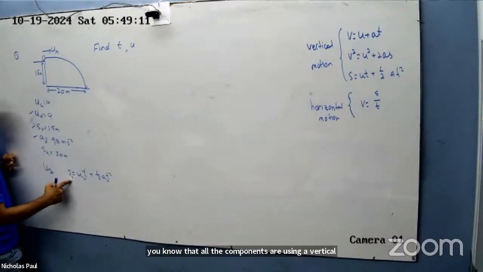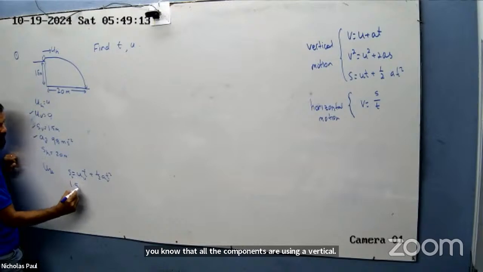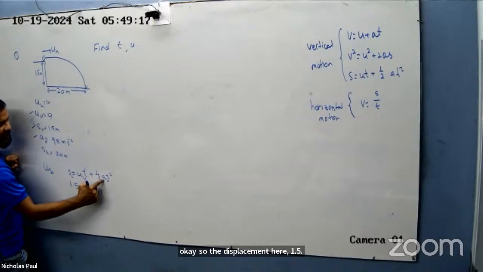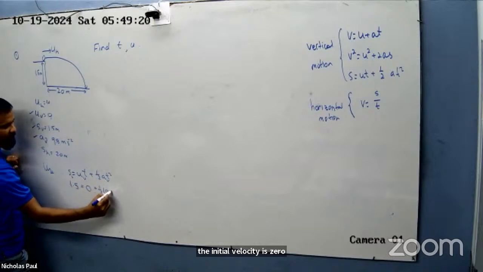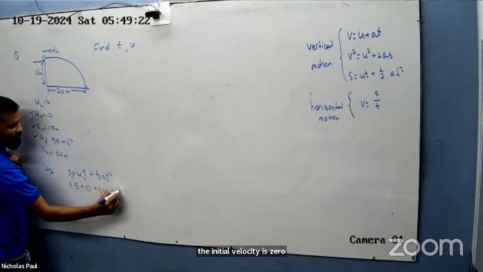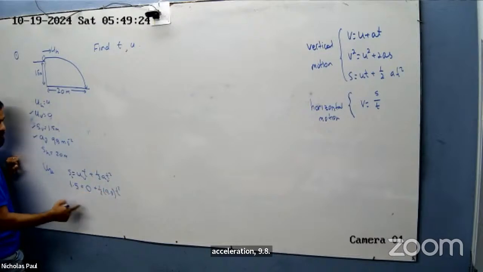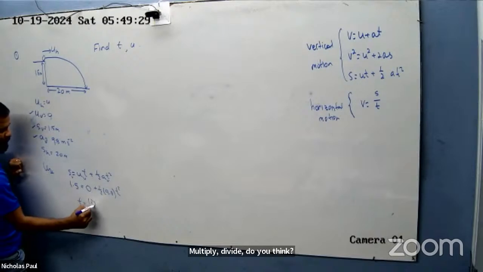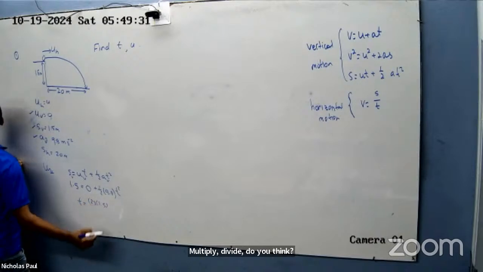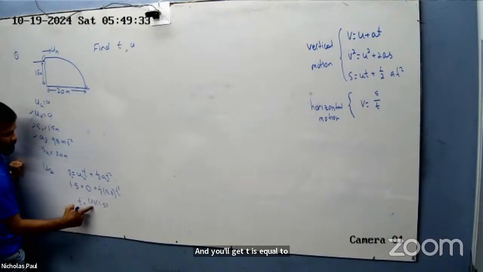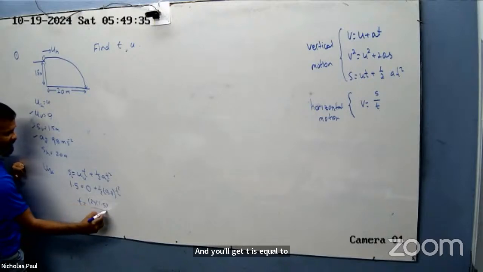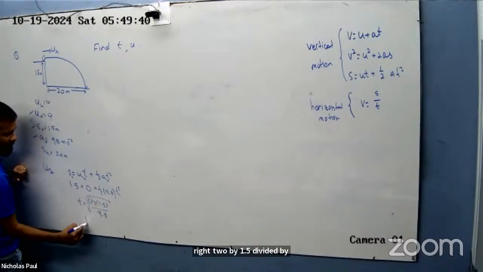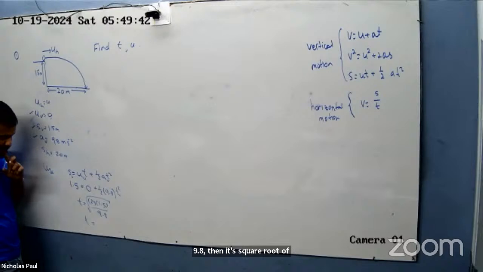So the displacement here is 1.5, the initial velocity is 0, acceleration 9.8, and time t squared. Multiply, divide, do your thing, and you'll get t is equal to the square root of 2 times 1.5 divided by 9.8. Take your time with the subject of the formula.